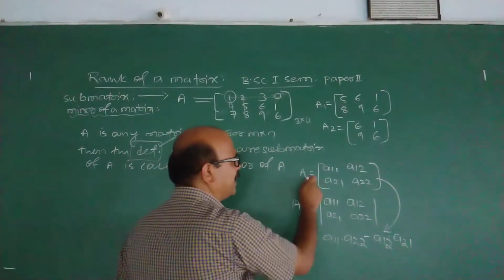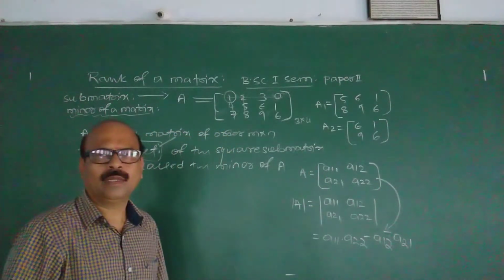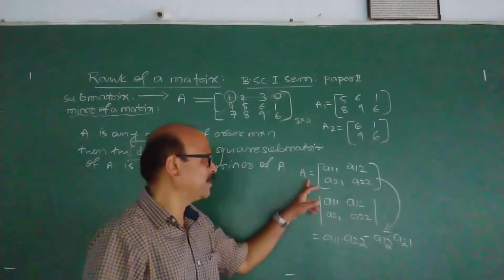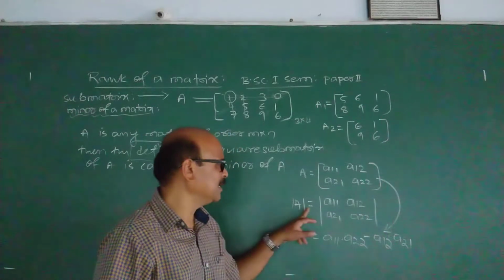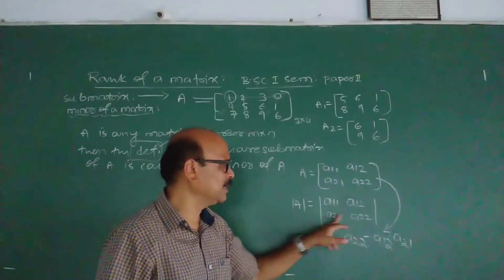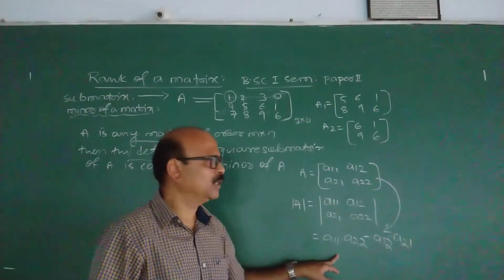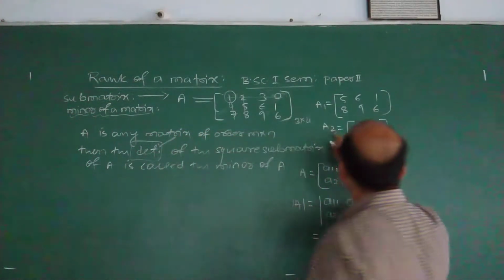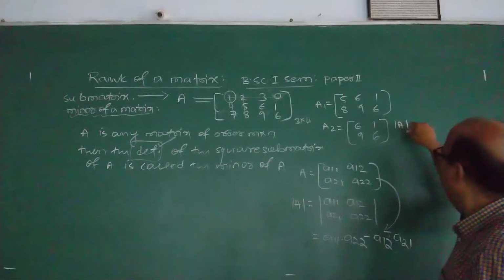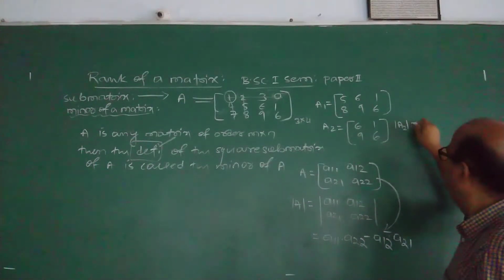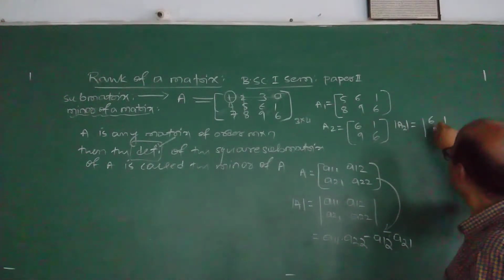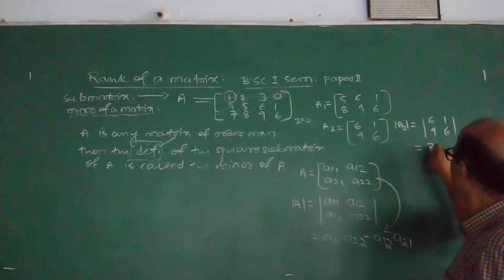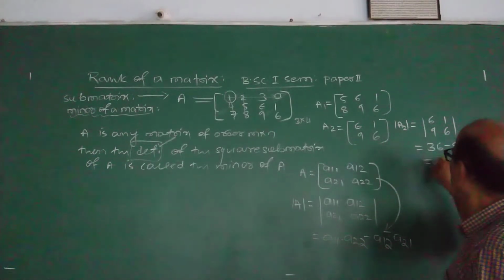It is called its determinant. Determinant A is denoted by this notation, and its value is this. See this example. What is the determinant of A2? It is equal to determinant 6, 1, 9, 6. Therefore, it is 36 minus 9, that is 27.